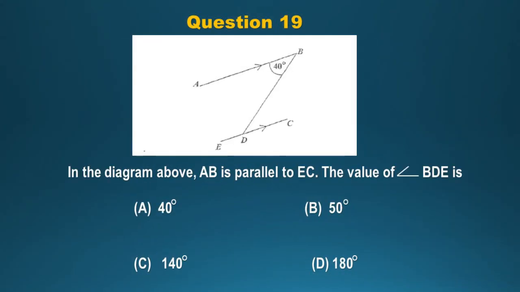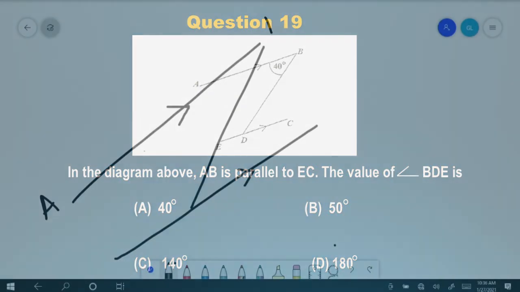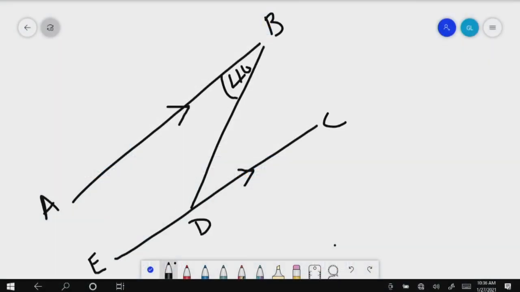In the diagram above, AB is parallel to EC. We need to look for these key terms and their symbol representation. Parallel lines are represented with those 2 arrows going in the same direction. Now, in labeling what they give us, the value of the angle BDE is, now we're looking for BDE. We're looking for this angle.